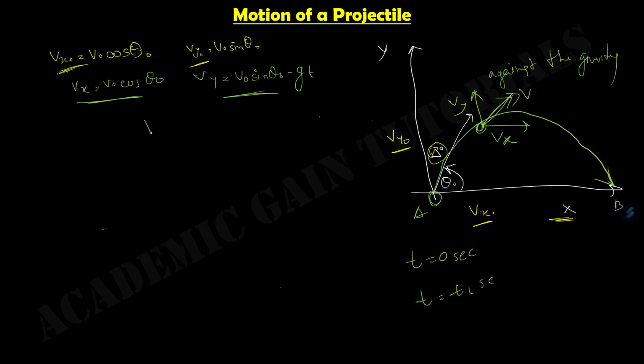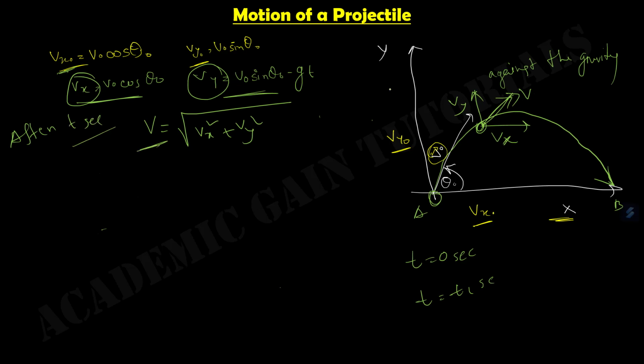If I know the components along the x-axis and y-axis, I can find the velocity of that body after t seconds by this equation: v equals root over of Vx square plus Vy square.